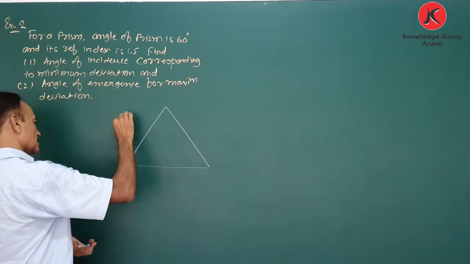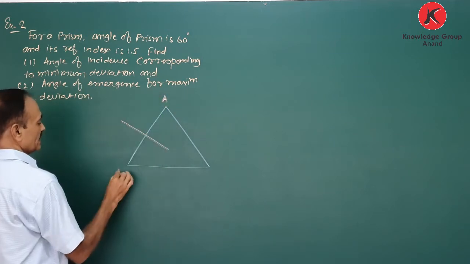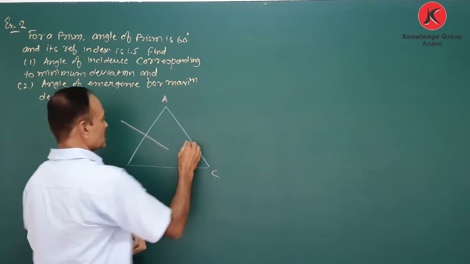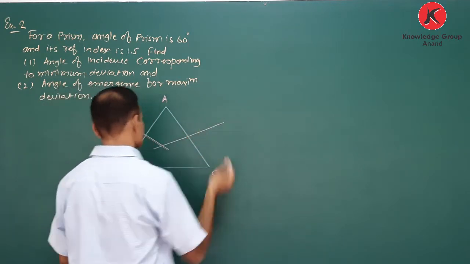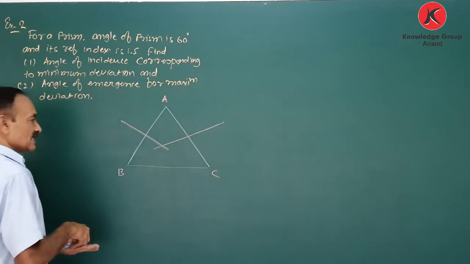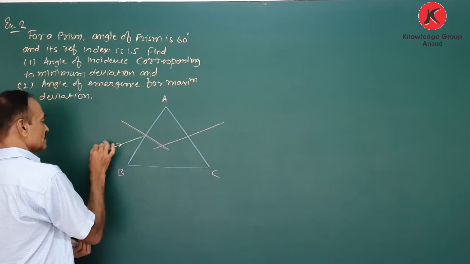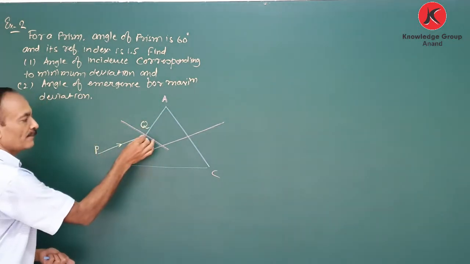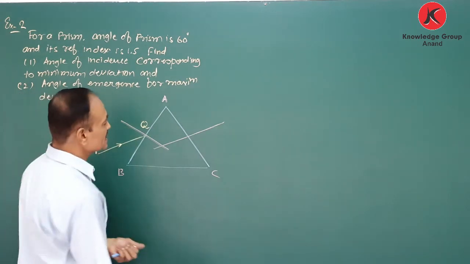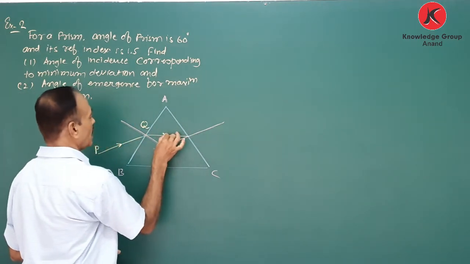So there is the normal on one surface AB. There is A, B and C. That is the second normal on surface AC. That is the incident ray PQ, incident on surface AB at point Q. So that is refracted in the denser medium as QR.